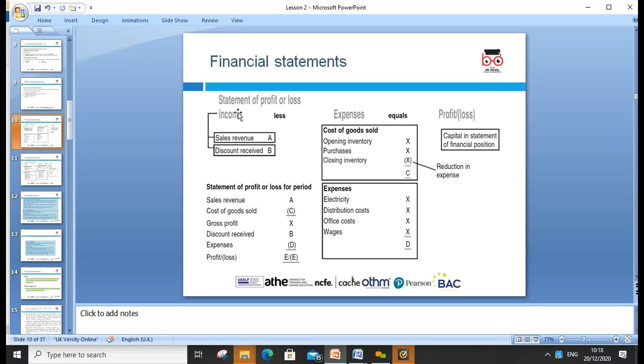Then you have other expenses, overheads, and maybe other income. Maybe my main business is selling food, but we have spare cash that we invested in properties, and we are generating some income from those properties as well. That can be other income. Are we receiving discounts from suppliers? That can be income.